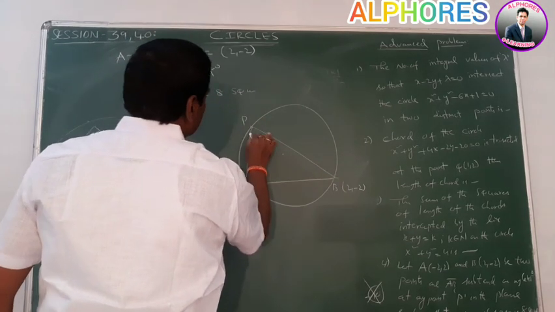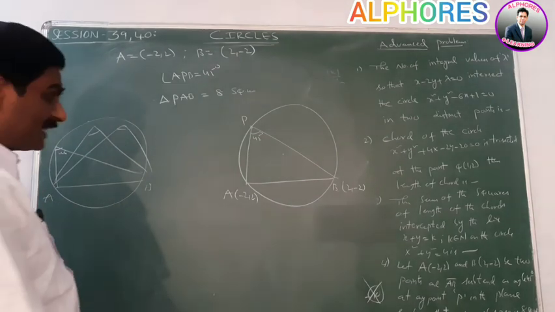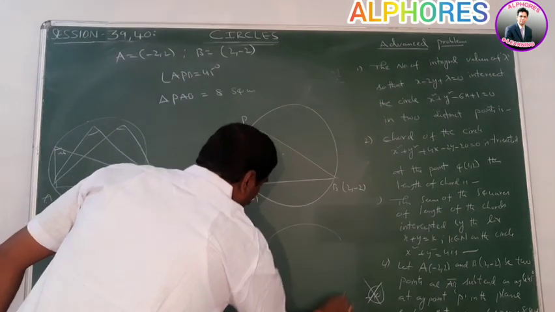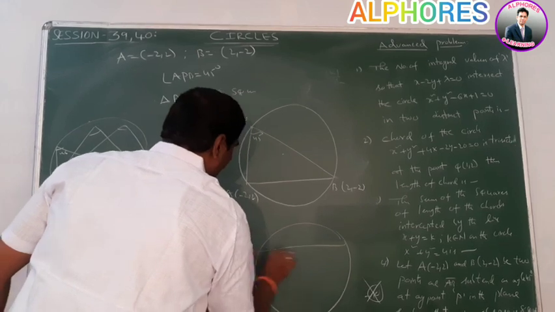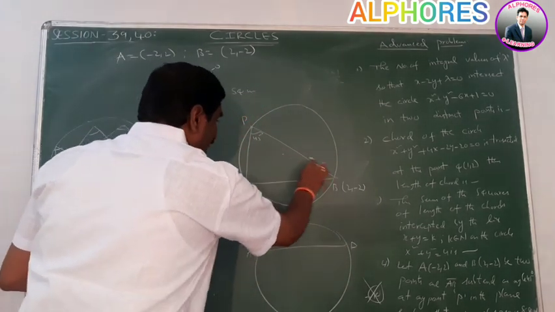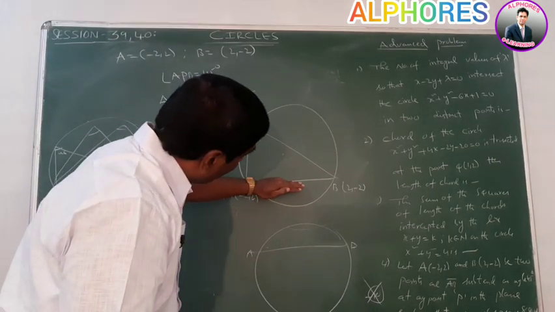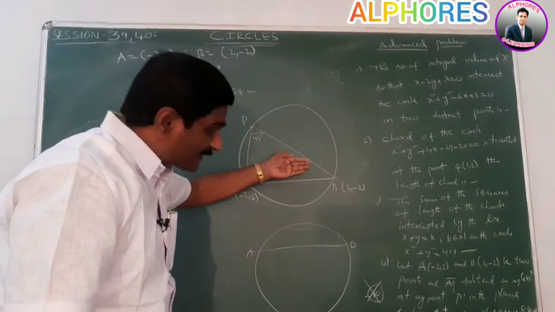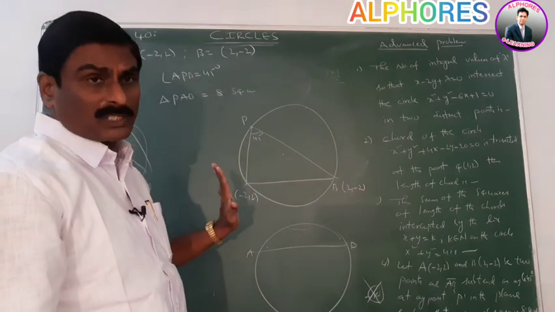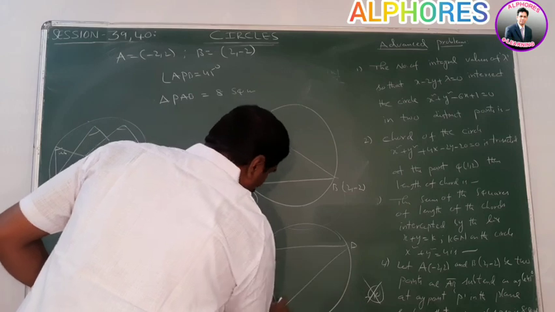In this case, at any point we get 45 degrees. Or in this way also: the circle can have its major segment above or below the line segment AB. So two circles are possible, and in this way angle APB is also 45 degrees.